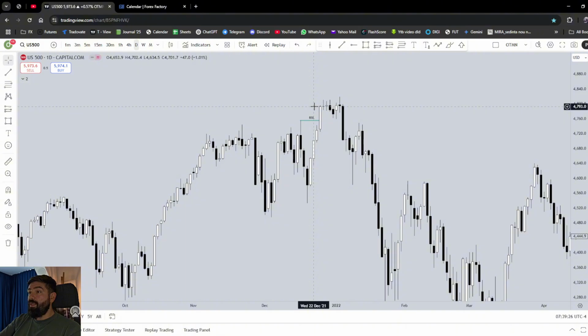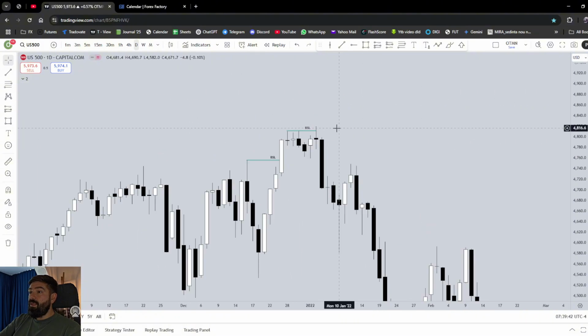We take out buy side. We form a small swing low here. We take the buy side here. Remember, we are on a daily chart, so there is a lot of liquidity above these equal highs. Okay, we take out this buy side, and after that we have a big displacement to the upside.